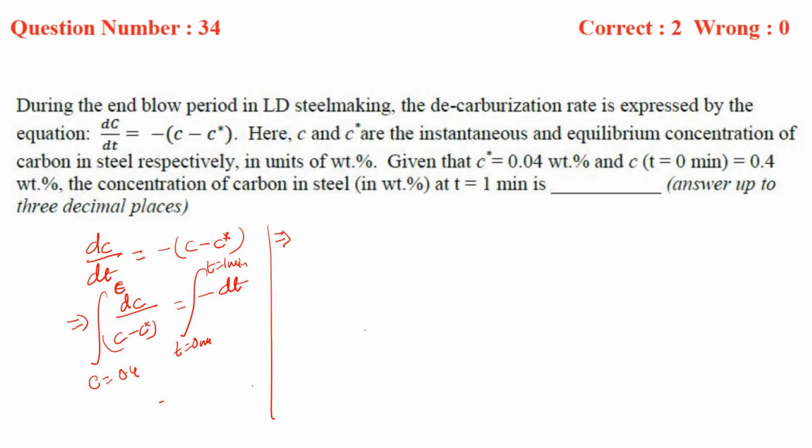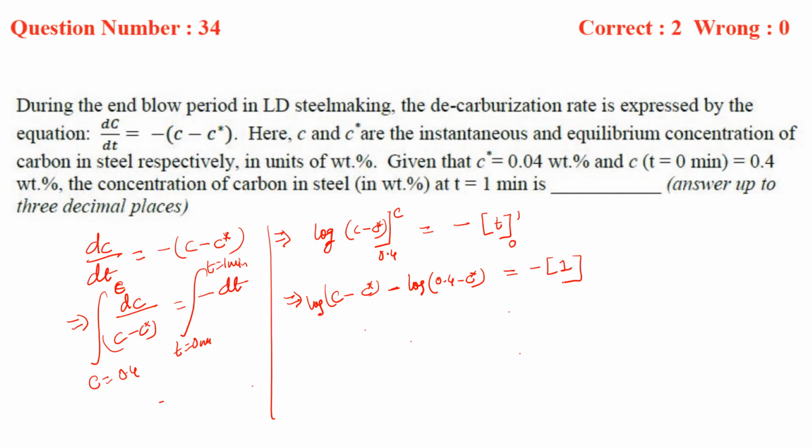So we integrate 1 by (C minus C star) dC, that is log (C minus C star), from 0.4 to C, equal to minus t, from 0 to 1. So this implies log (C minus C star) minus log (0.4 minus C star) equal to minus how much? 1, right? For 1 minute we will take minus 1.